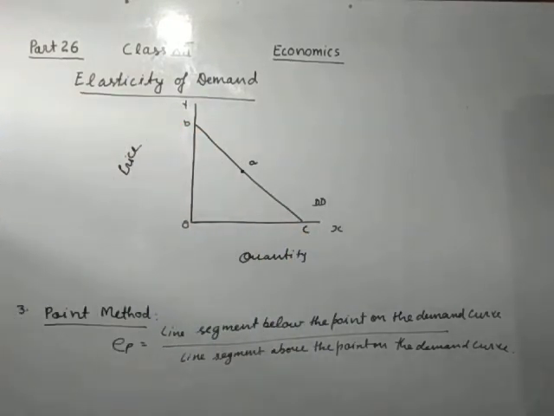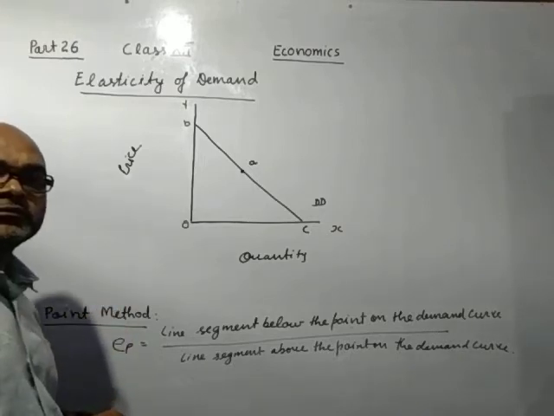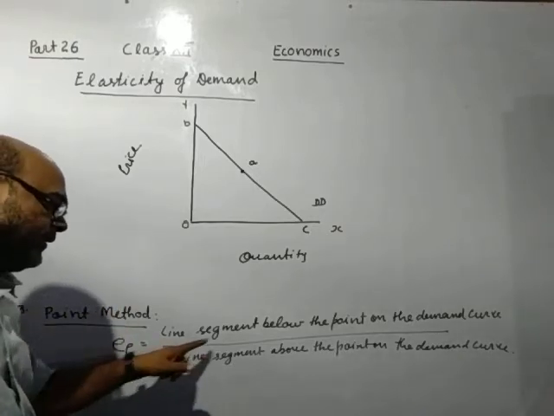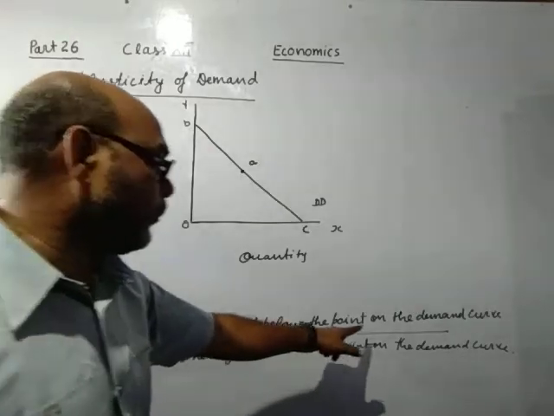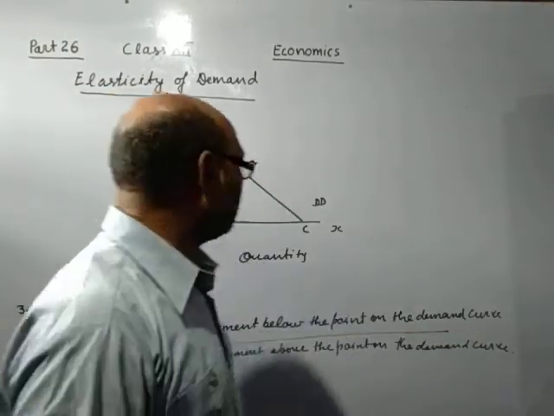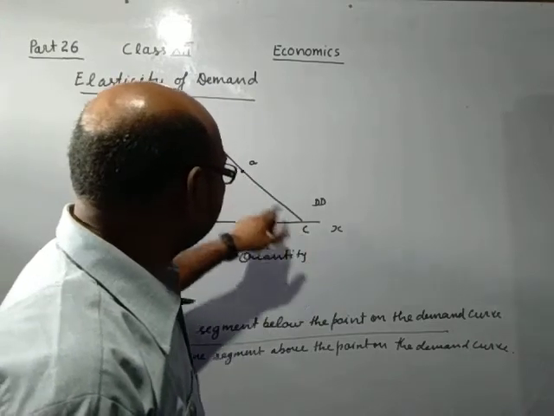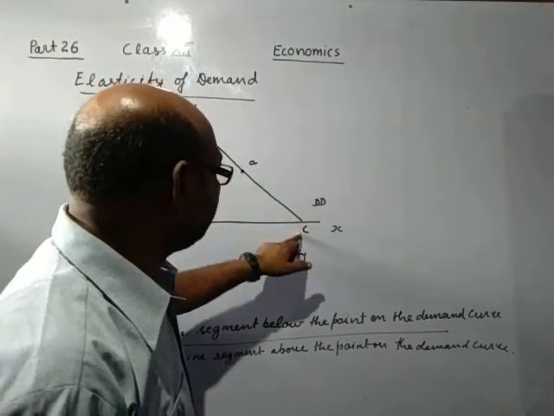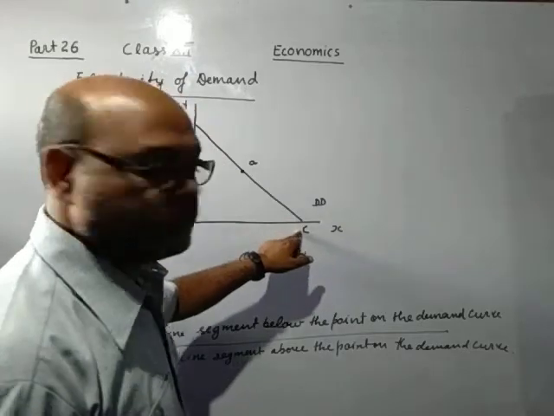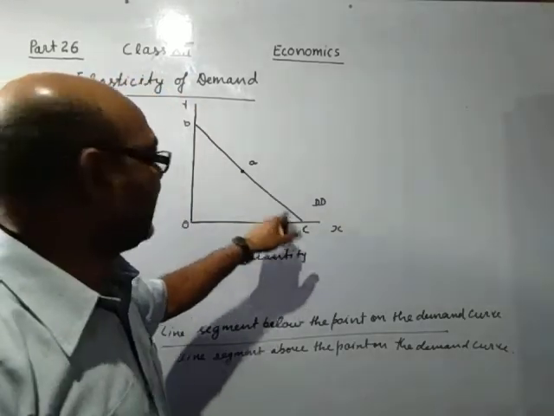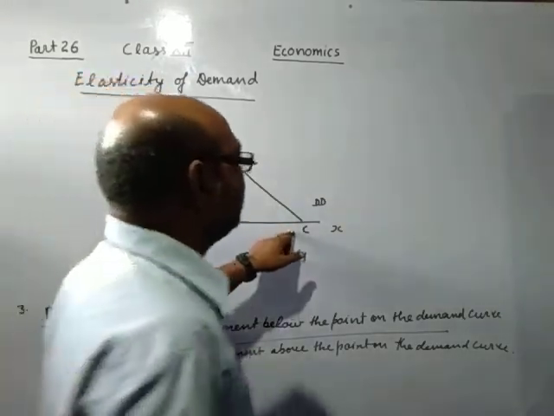Then how will we measure in the point method? The line segment below the point on the demand curve: below this point, the line segment is AC.